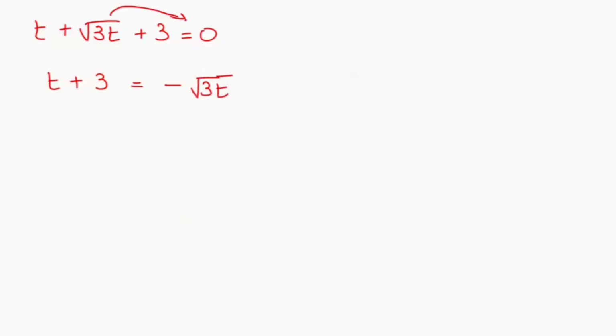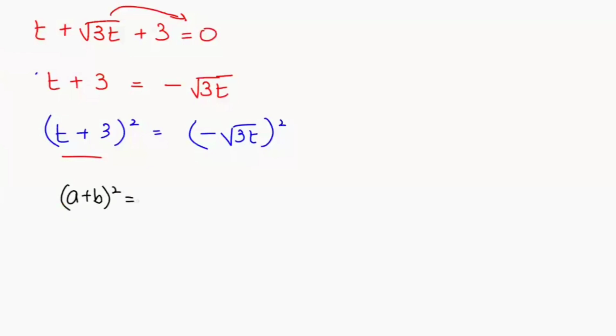Here I want to remove this root, so again I square both sides. Next, I apply the algebraic identity, that is, (a plus b) squared can be written as a squared plus b squared plus 2ab. So this is our a and this is our b.